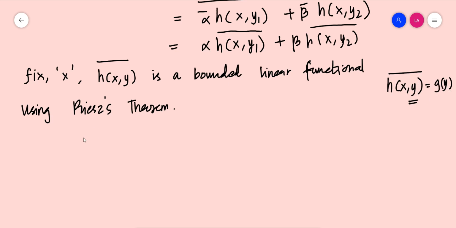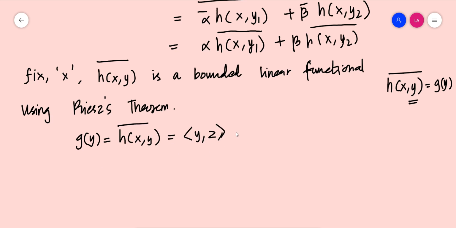By Riesz's theorem, g of y, which is the conjugate of h of x,y, can be written as inner product y, z for some z, which we have already done.